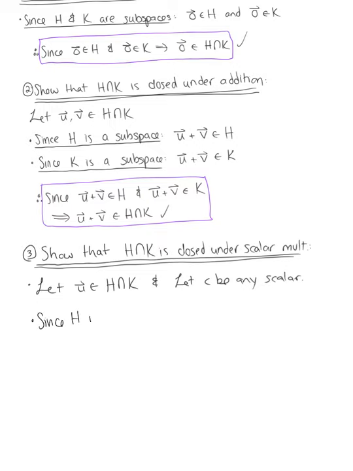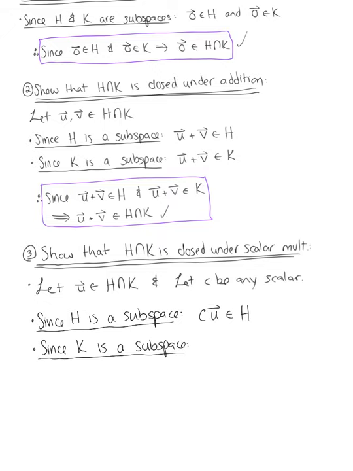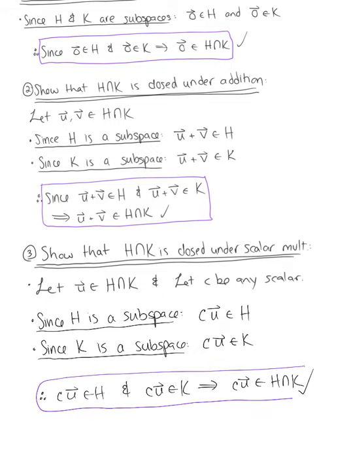Again, since H is a subspace, we know by definition that the scalar multiple C times vector u is an element of H. And since K is also a subspace, we know that this scalar multiple C times vector u is in K. Therefore, since C times vector u is an element of H, and C times vector u is an element of the subspace K, then C times vector u is an element of their intersection. And so our third and final property is met.